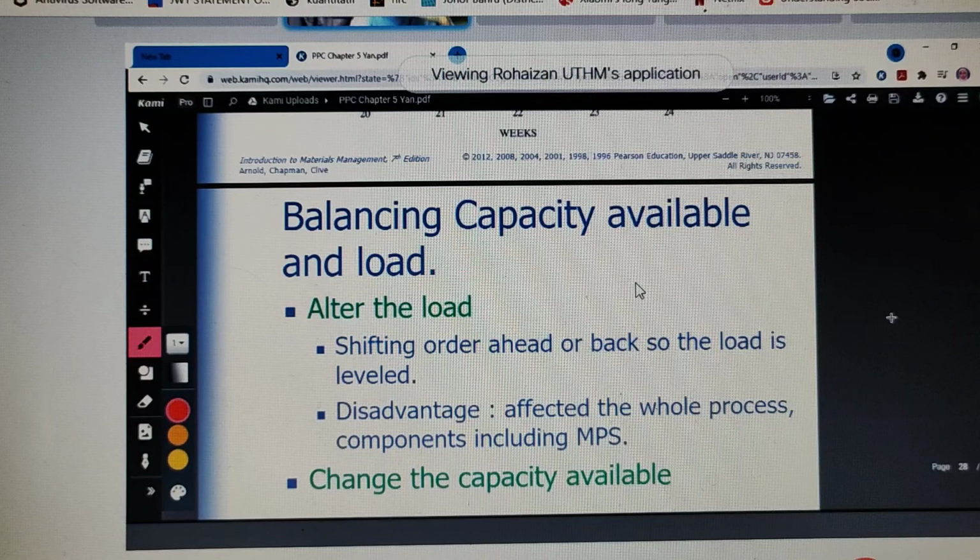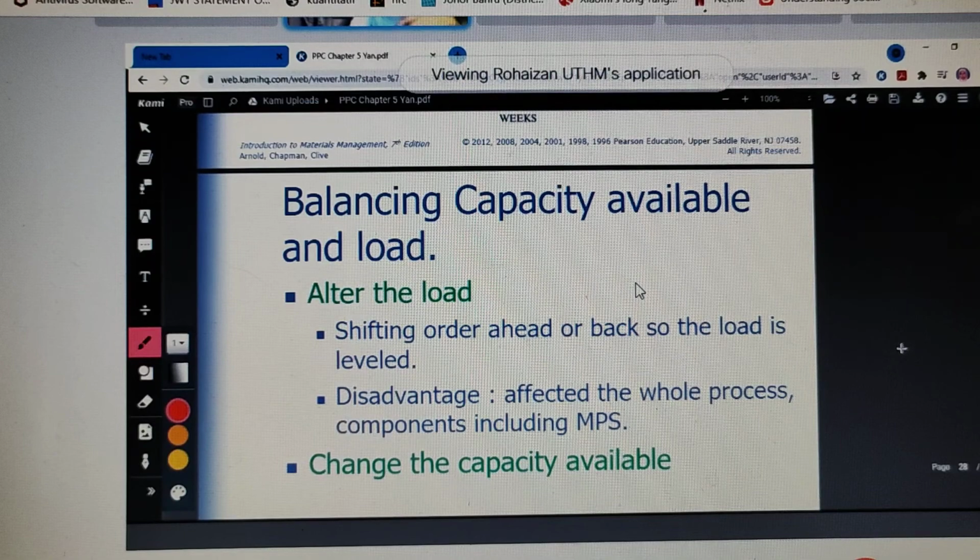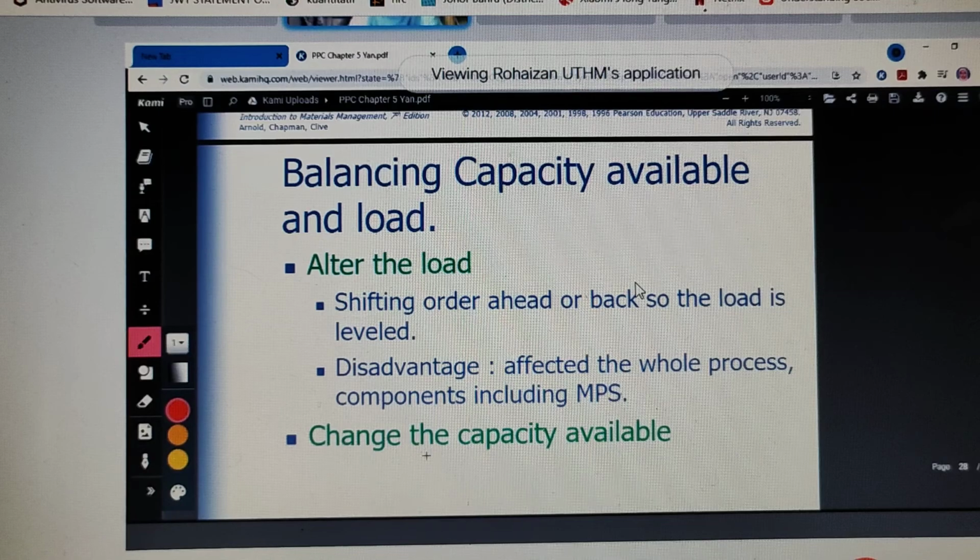We must make sure that between available capacity and load we balance out. We must make sure that available capacity can cater to the load, or vice versa. So we have two options. First, we alter the load, or we change the capacity available.